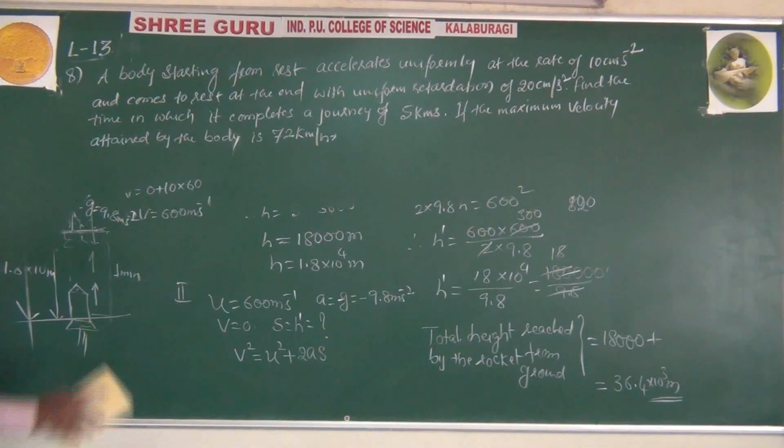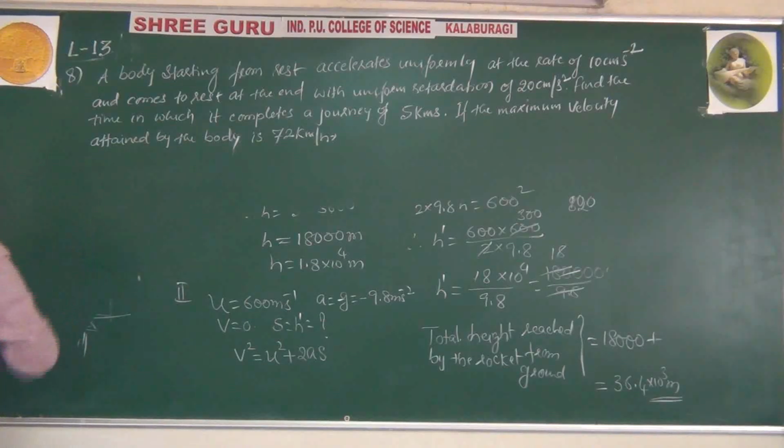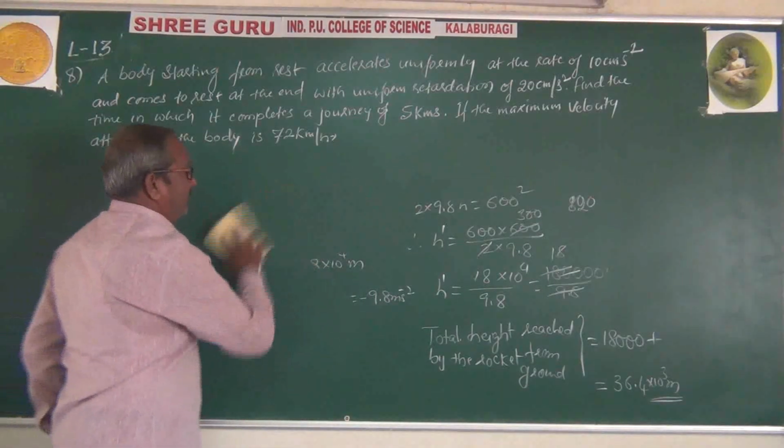Maximum velocity attained by the body is 72 kilometer per hour.